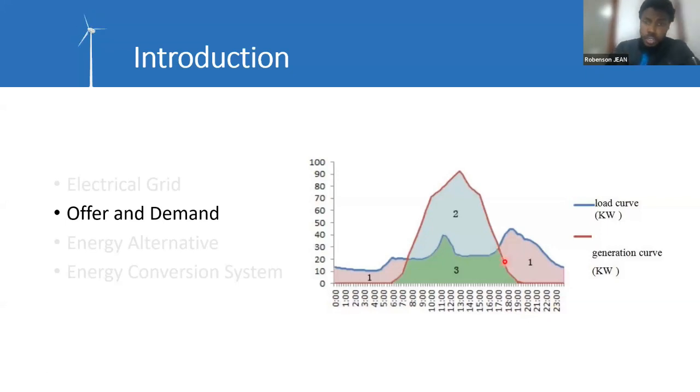So to mitigate this problem of sometimes having a lack of production, or sometimes an excess of production, we have to think about energy alternatives in order to deal with the excess of energy or to fulfill the lack of energy.